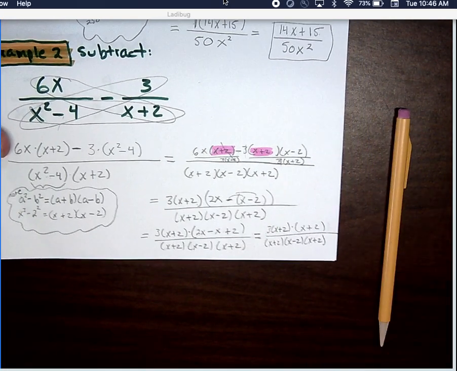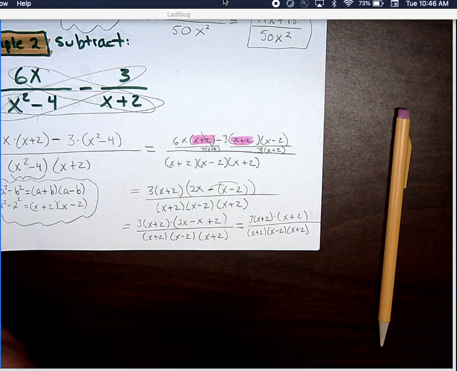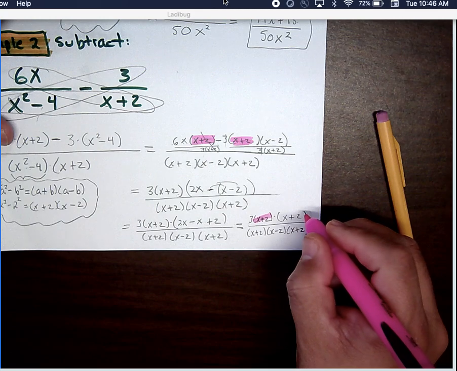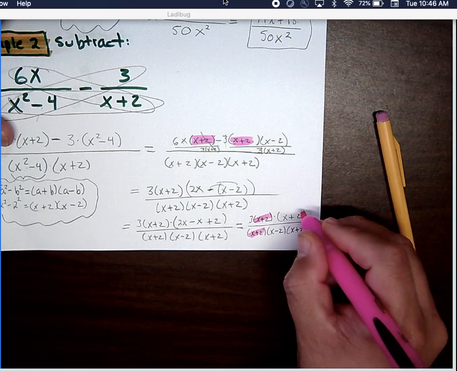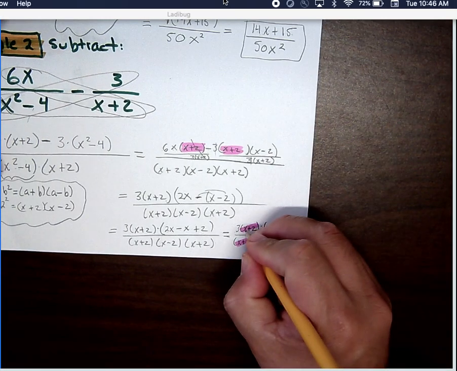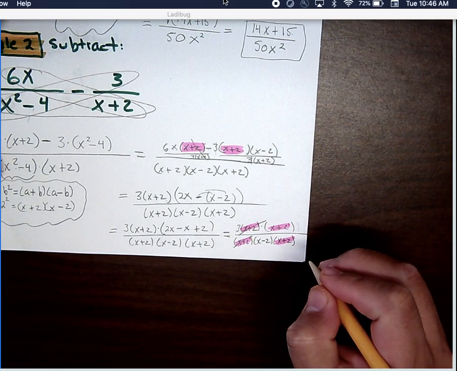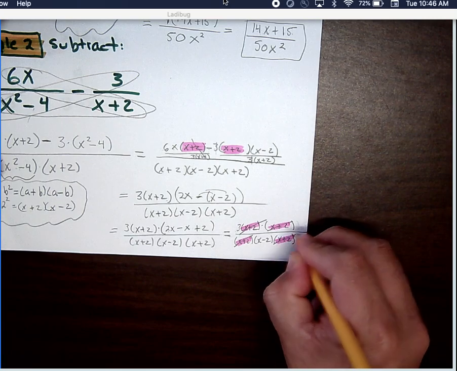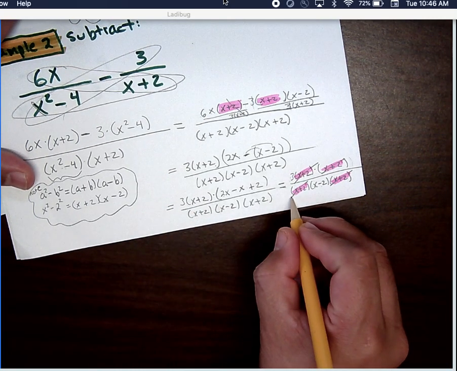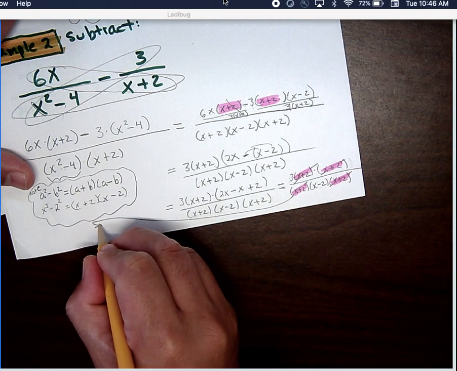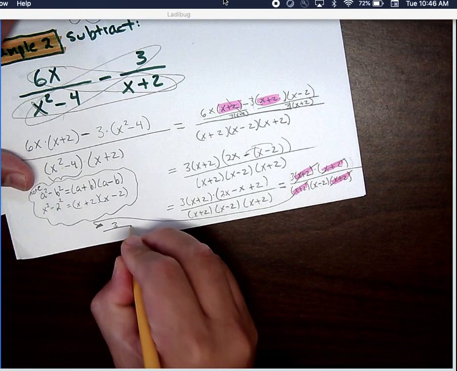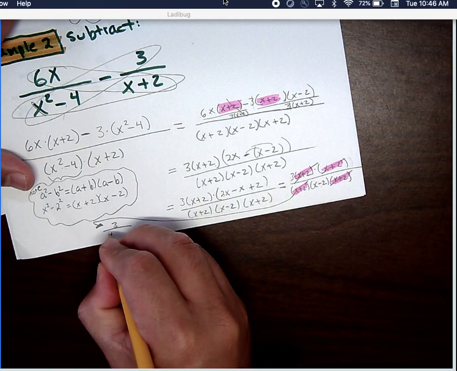So now we cancel, we simplify it, so we can actually get rid of this with this and this with that. So we're gonna simplify these two, those two, and we're left with 3 over that. So the answer would be 3 over x minus 2.